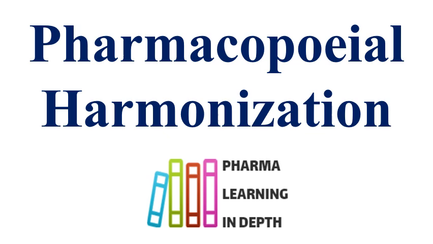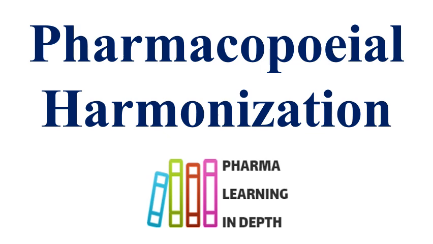So it will be easy for the people who are working on the product. It will be easy for the regulators. It will be easy for the organizations or companies which are developing the formulations or working in that area. This is the importance of pharmacopoeial harmonization.